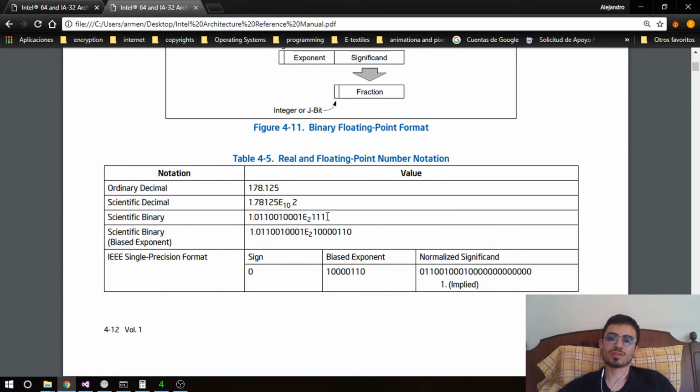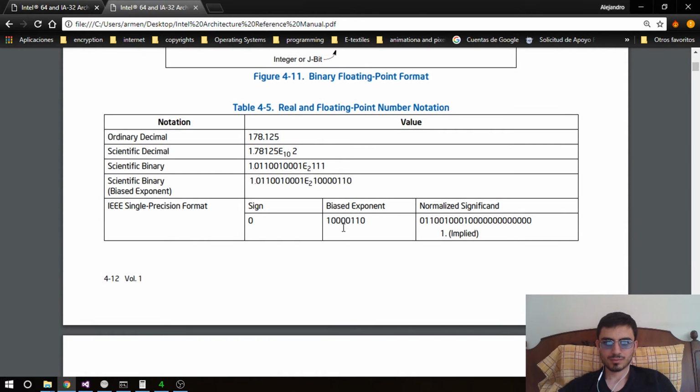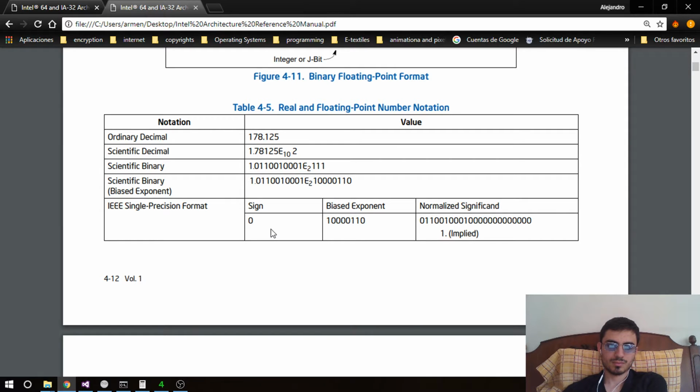This is 2 to the 7. And yes, the 1 is implied. You don't store the 1.